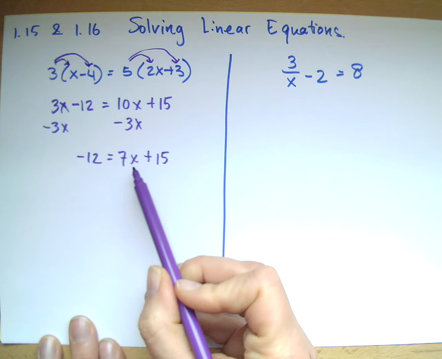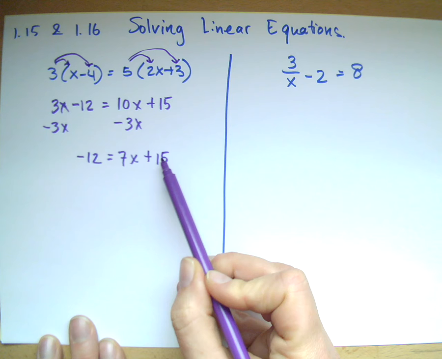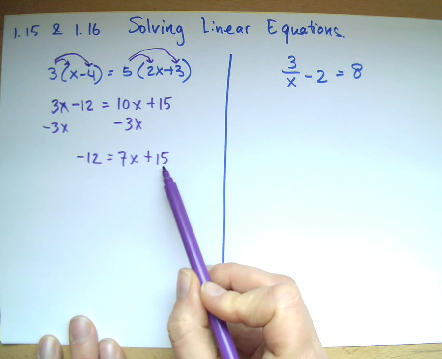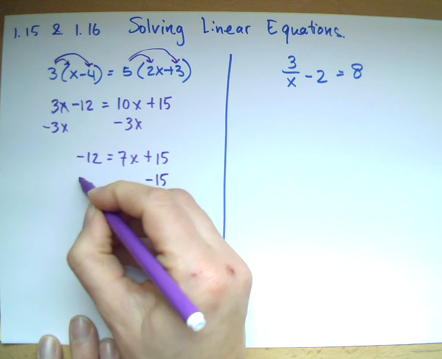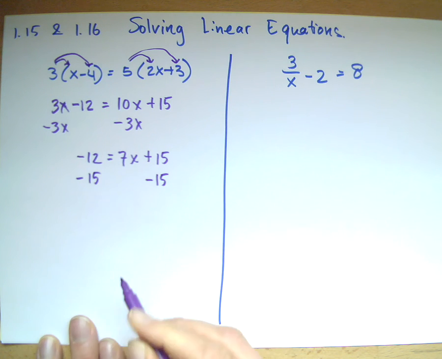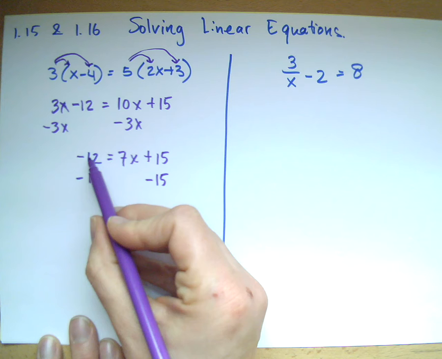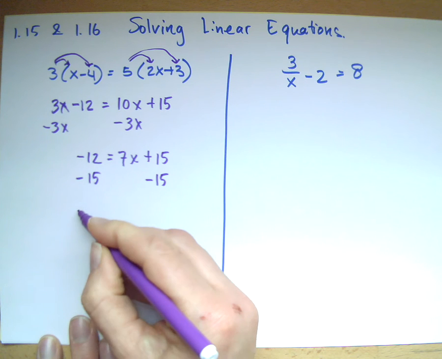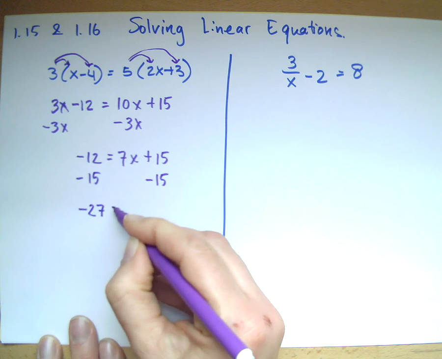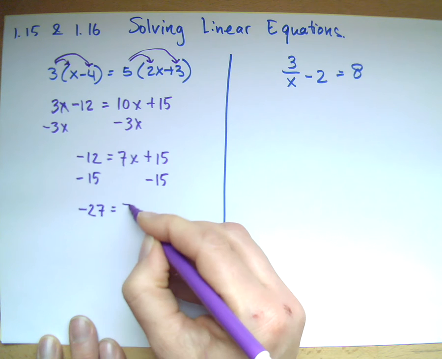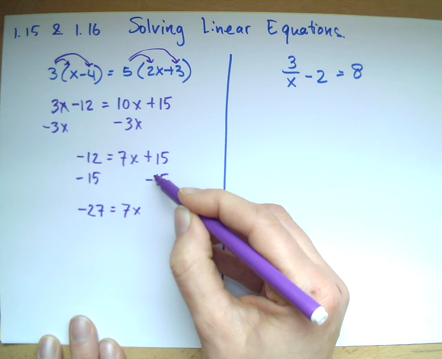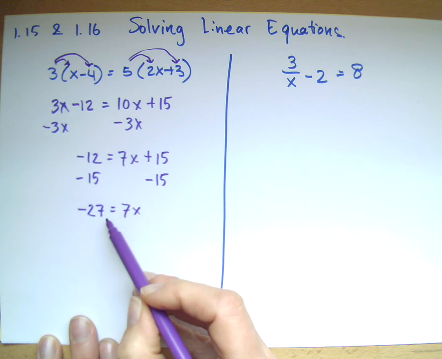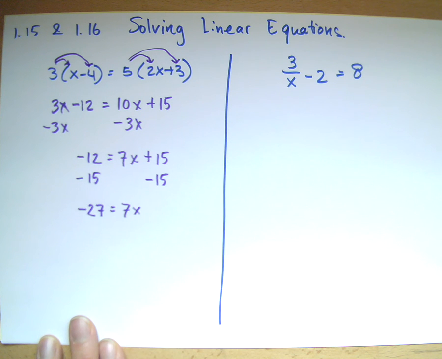All right. We want the x's on this side, so this loose number here, 15, we don't want that there. So we're going to subtract 15, and we have to do the same thing on the other side. -12 minus 15 is -27 equals 7x plus 15 minus 15, that's just nothing, right? So now I have -27 is 7x.